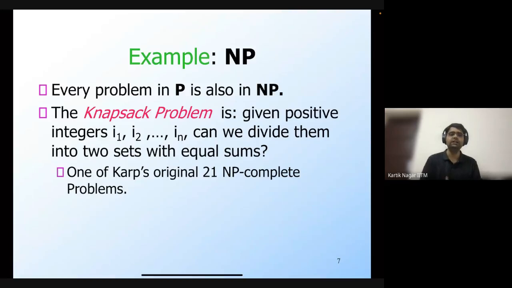So we are basically partitioning this set of n integers into two sets such that the sum of integers in both the sets is equal. This problem is very famous because it was one of Richard Karp's original 21 NP-complete problems. There are multiple versions of the knapsack problem, but originally it was specified in this manner.